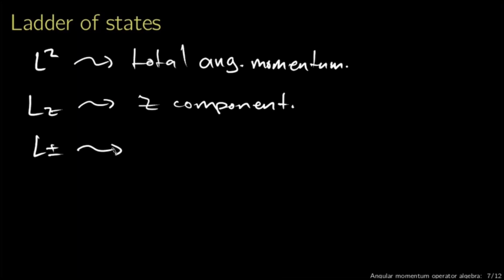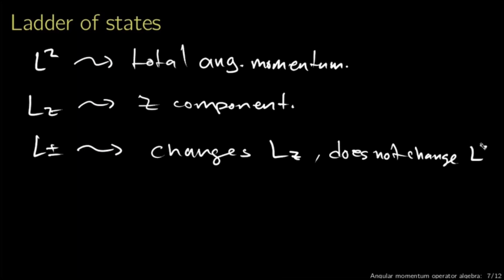L plus or minus, then, changes Lz, essentially, but does not change L squared. Now, by saying something like changes Lz, what I really mean is that L plus or minus acting on an eigenstate of Lz gives you another eigenstate of Lz with a different eigenvalue. Likewise, if we have an eigenstate of L squared, L plus or minus gives you another eigenstate of L squared with the same eigenvalue.